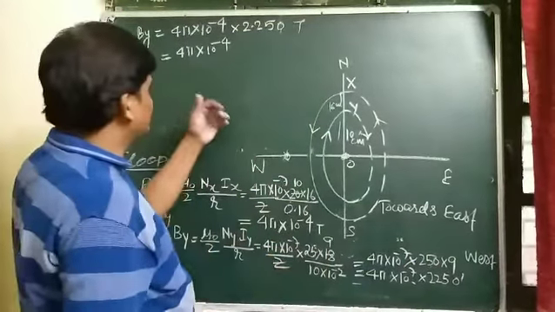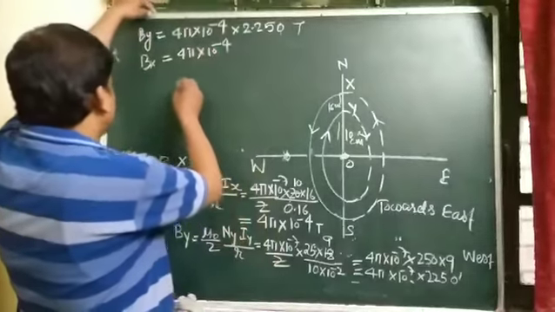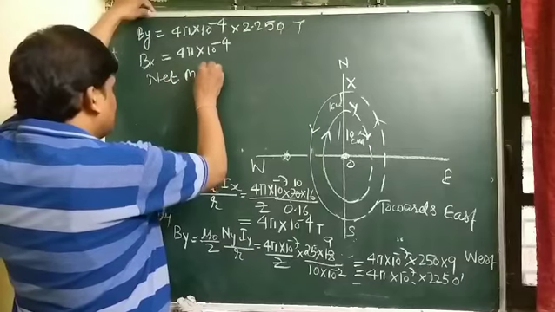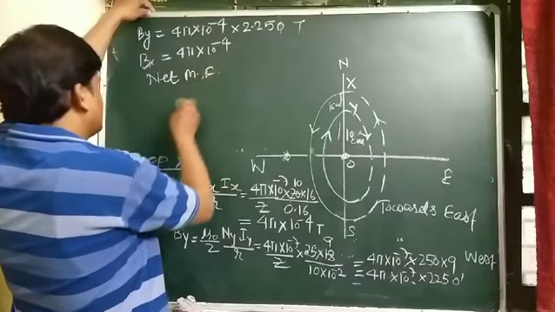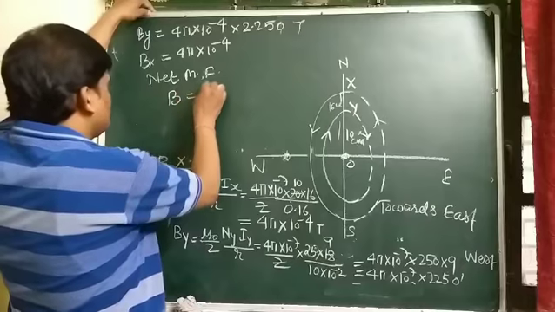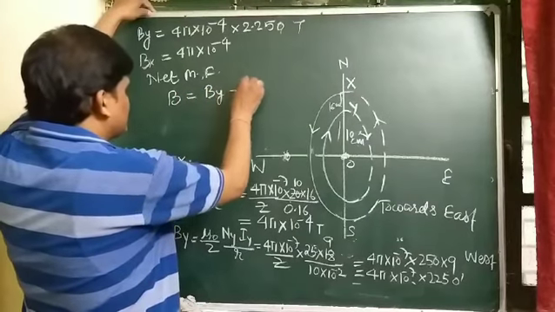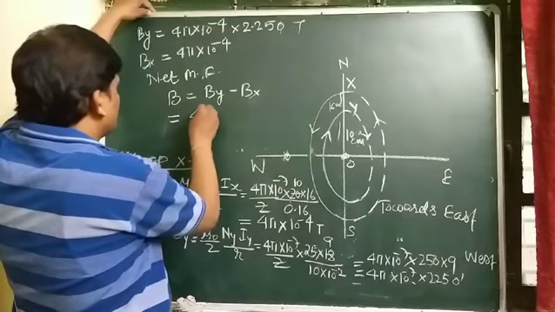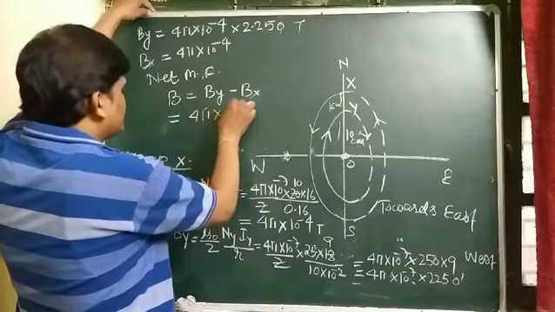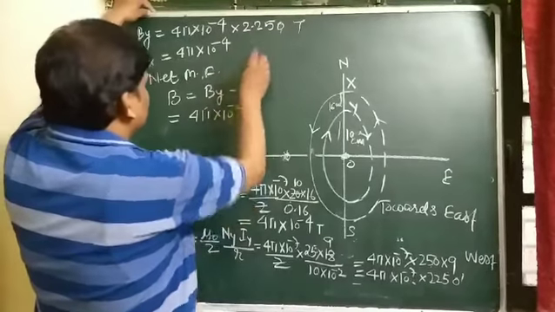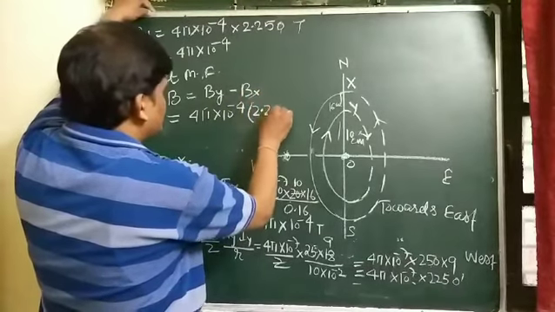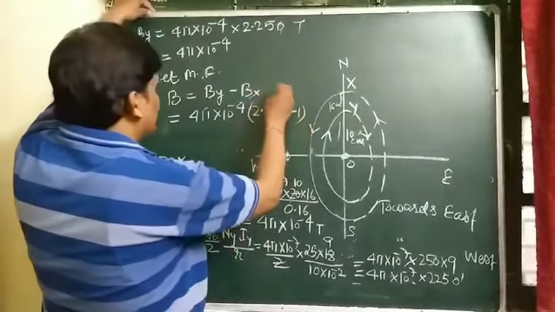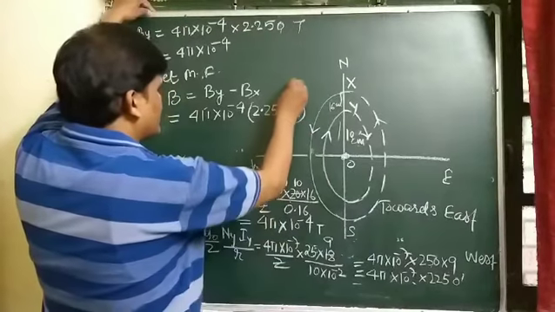So the net magnetic field is the difference of these. So the net magnetic field at the center is B equal to By minus Bx, which is 4 pi into 10 to the power minus 4 taken common, times 2.25 minus 1, and the net magnetic field is towards west.